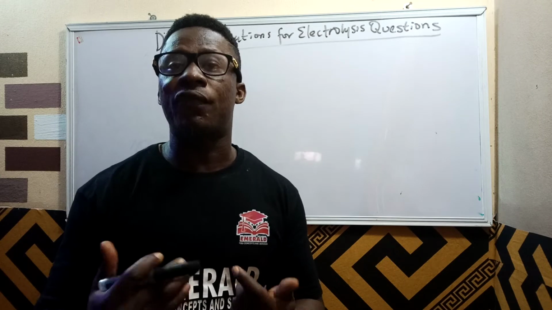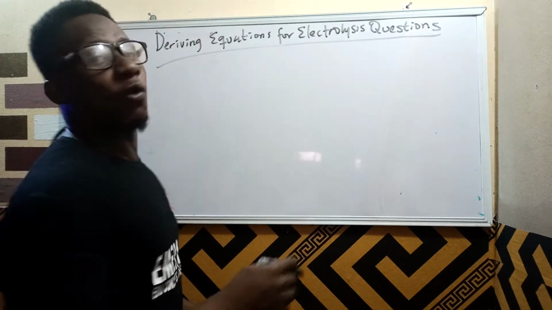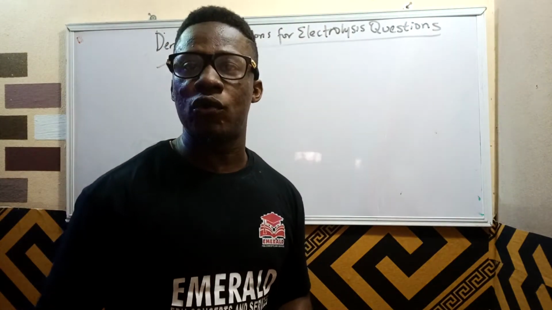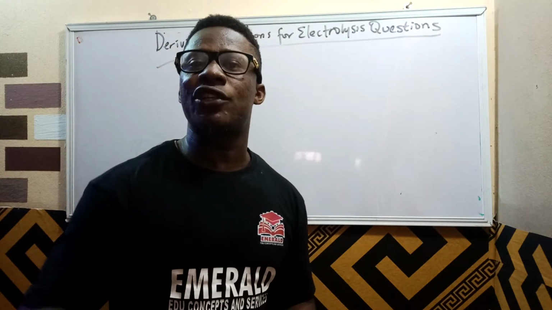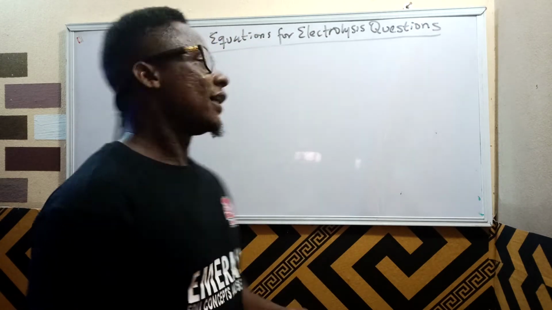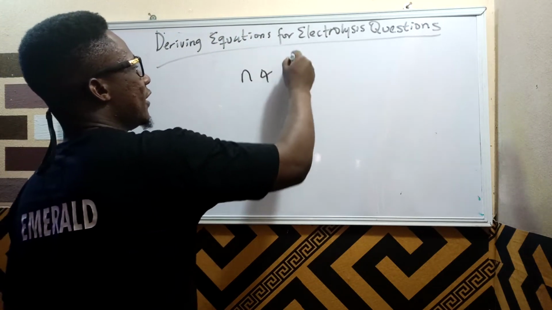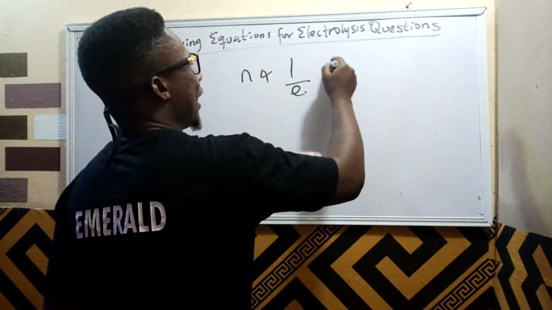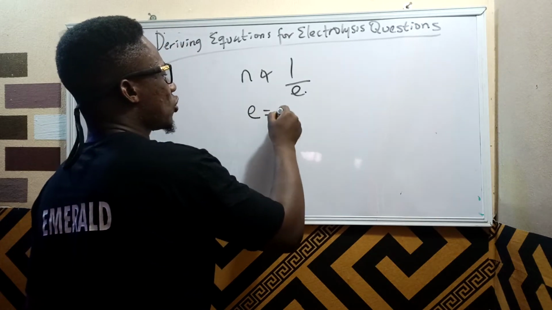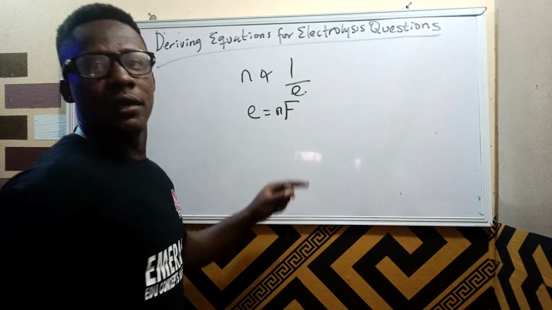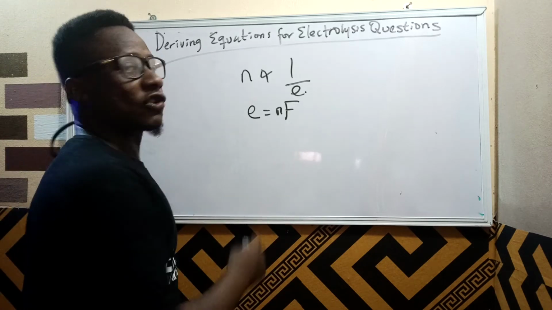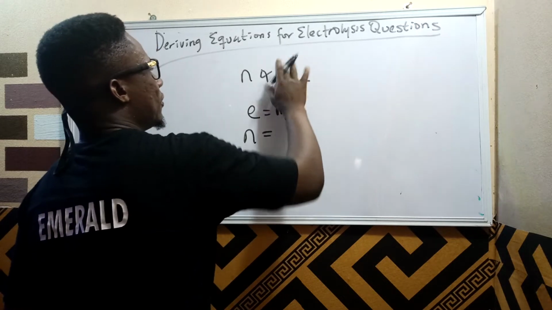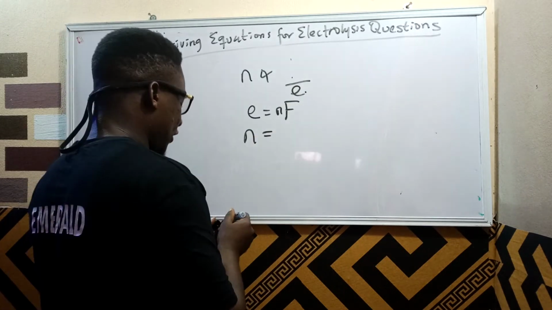Now the second law of electrolysis says that when the same quantity of electricity passes through different electrolytes, the number of moles is inversely proportional to the charge on the ion of the element. That means the number of moles is inversely proportional to charge. Then we can say this charge is equal to n, the number of electrons, multiplied by Faraday's constant.